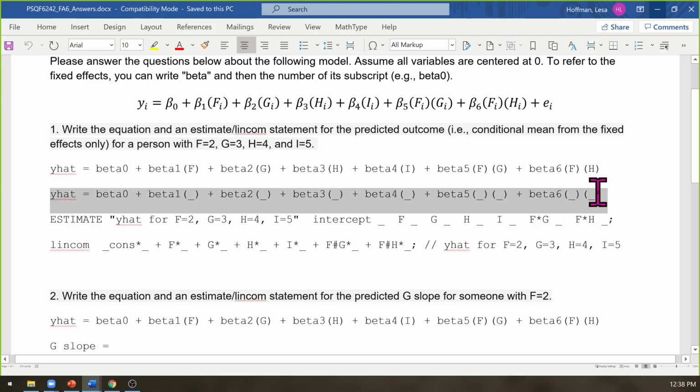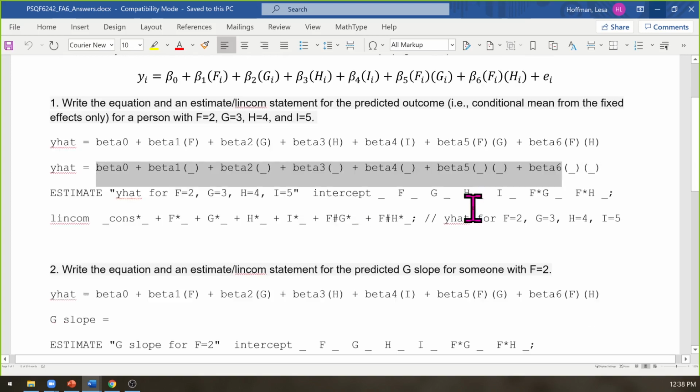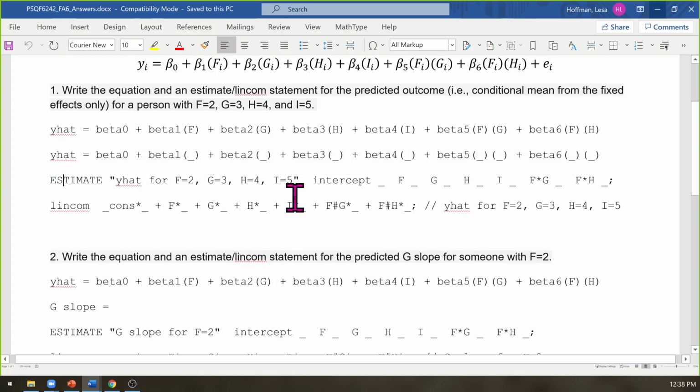So here's the equation. Based on which values you have, you would have to fill in the equation with those values in the right places. And the corresponding estimate statement to do that would have this as a structure, where you would fill in the same values that went into the equation into the estimate statement, or into the LINCOM statement if you prefer to do it that way.